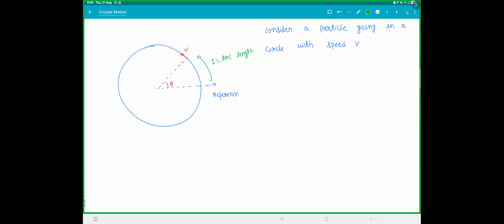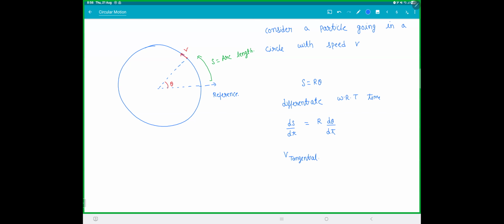You know the formula for arc length, s is equal to r theta. Now if you differentiate both sides with respect to time, remember here r is constant, so this will be ds by dt. If r is also changing, then you'll get dr by dt. We'll not get into it right now. So this is r d theta by dt. So this ds by dt is what? s is your tangential distance, the arc length. So ds by dt will be v tangential.